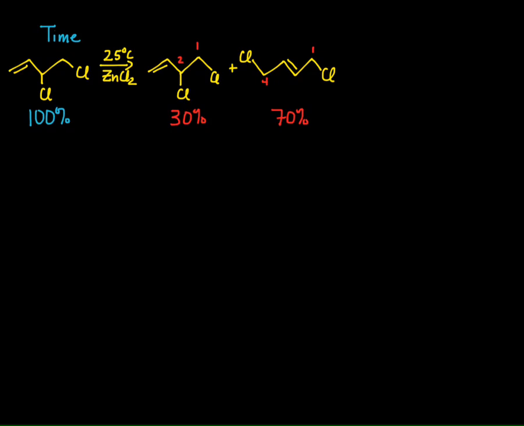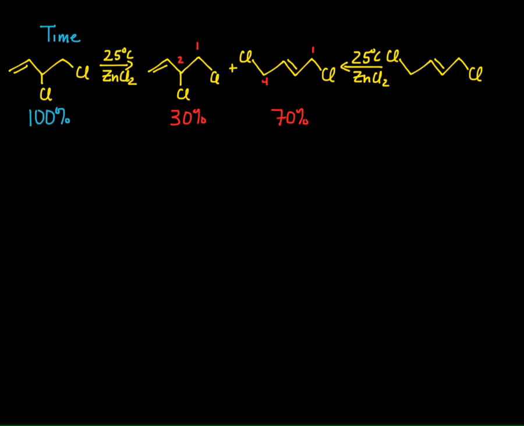Now, interestingly enough, if I started with 100% 1,4, and I did the same thing, dissolved it in solution at 25 degrees with zinc chloride present, I get the same outcome. I get the same distribution.